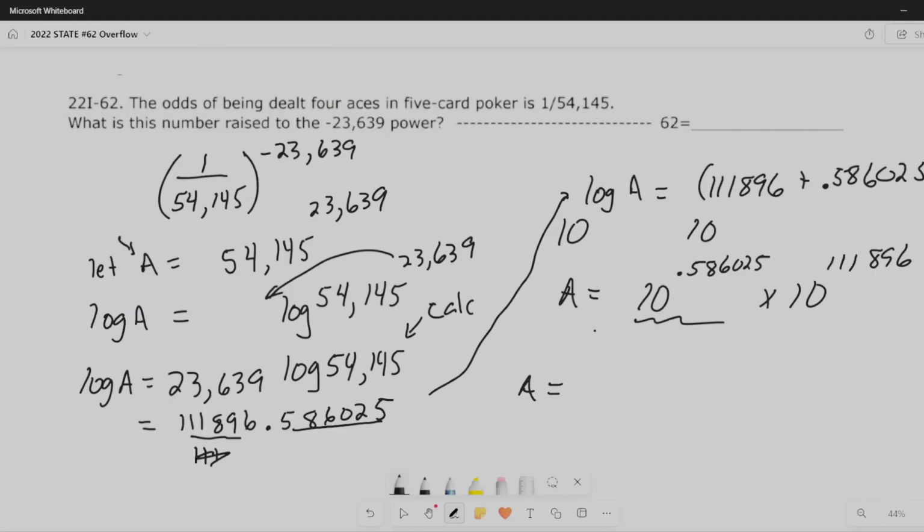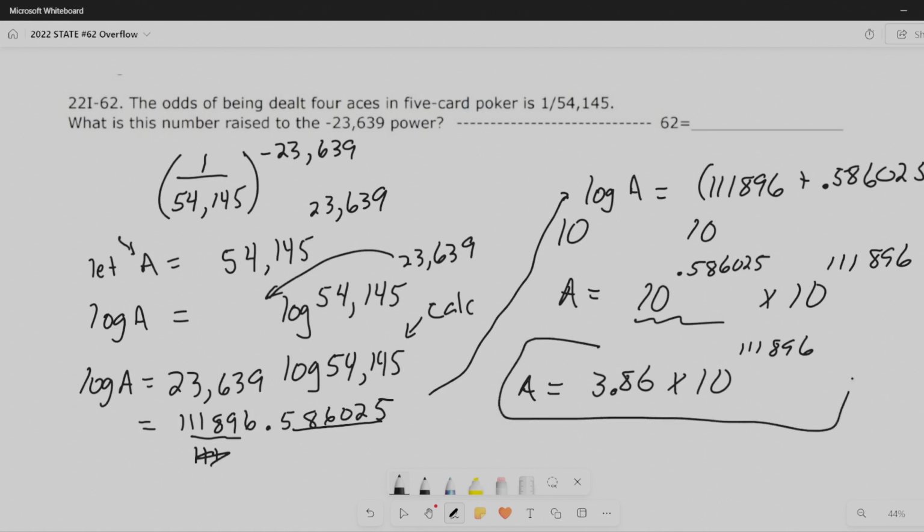And so our answer is 3.86, the number between 1 and 10, times the power of 10. And if you can imagine moving that decimal 111,896 times, just imagine how big that number is. And that is our answer for the calculator exam. There you go. That's overflow.